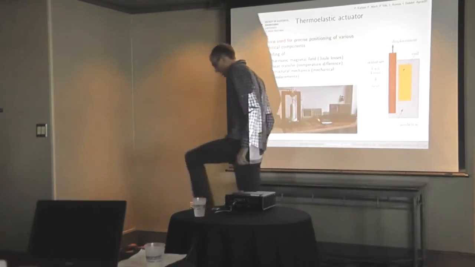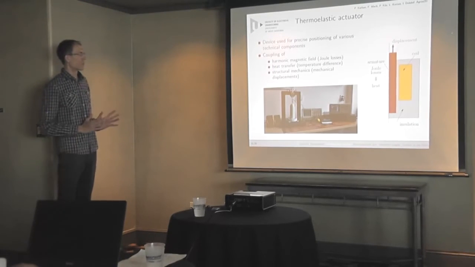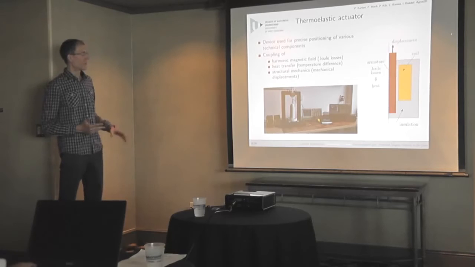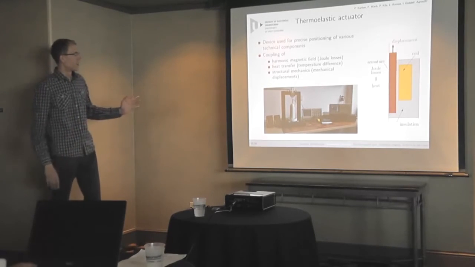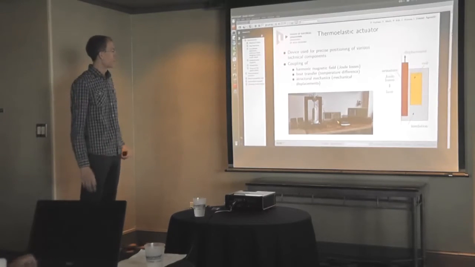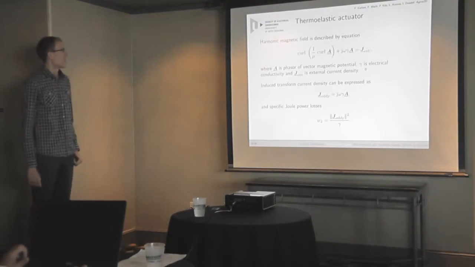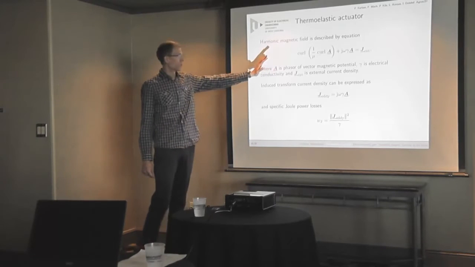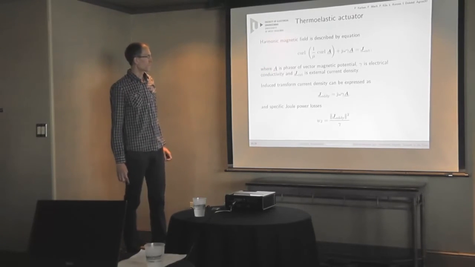You can see that there are three physical fields in this problem. There is magnetic field, heat transfer, and elasticity. So we will step by step model all three of them. So first is the magnetic field. Harmonic magnetic field is described by this equation for the magnetic potential.